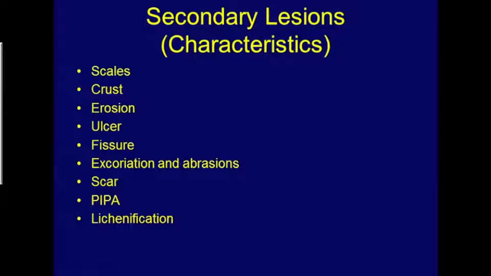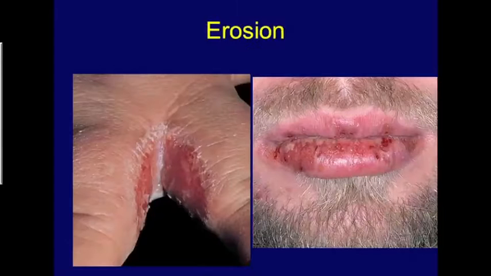Constant rubbing or manipulating the lesions can result in the secondary changes that we see. And it's very difficult, if not impossible, to determine a diagnosis by just looking at the secondary lesions, so you almost have to guess what's happening.